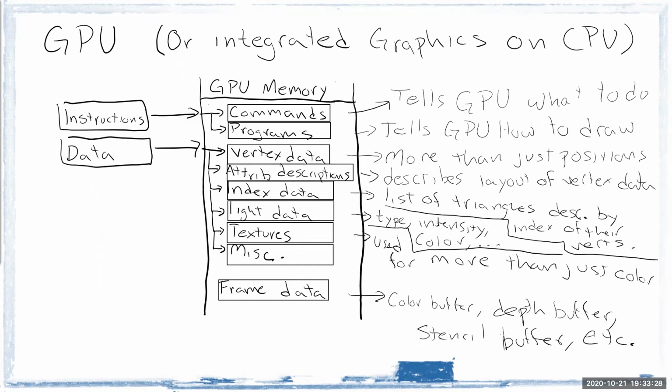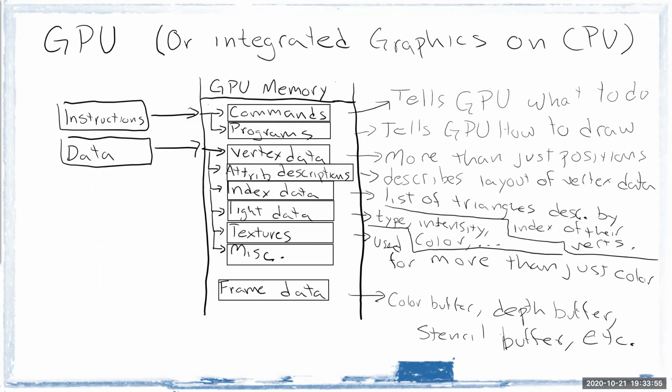And then it turns that projection into a rasterized image, so an image of pixels. And then it passes that to the pixel shader or the fragment shader. It's called different things in different APIs, but I think pixel shader works better because it tells you what it does.